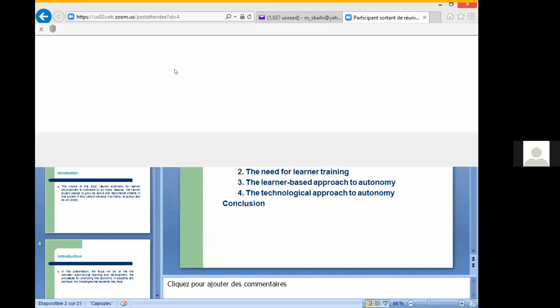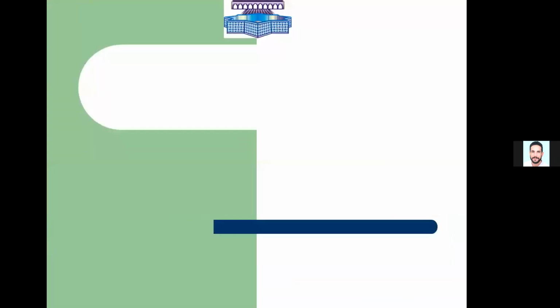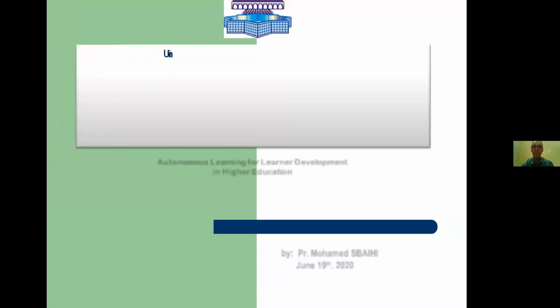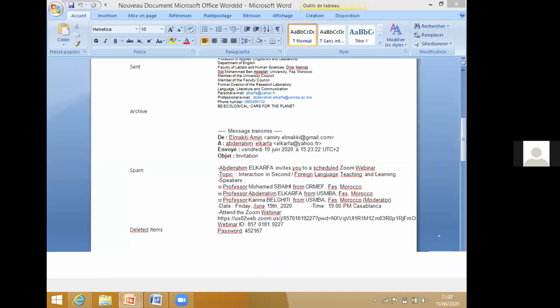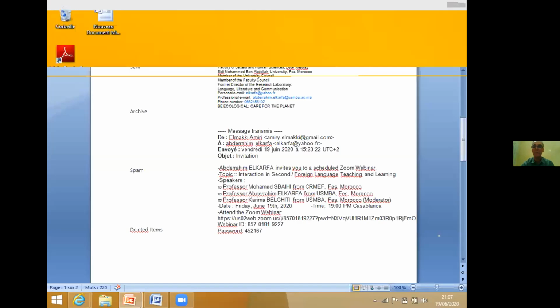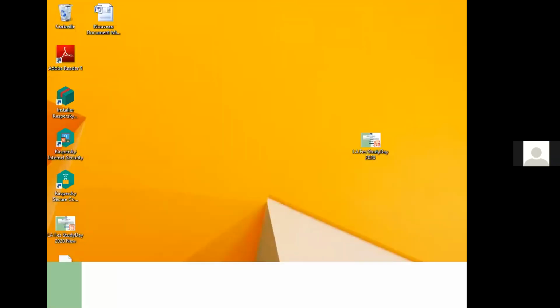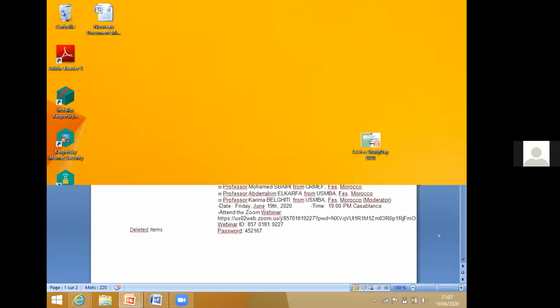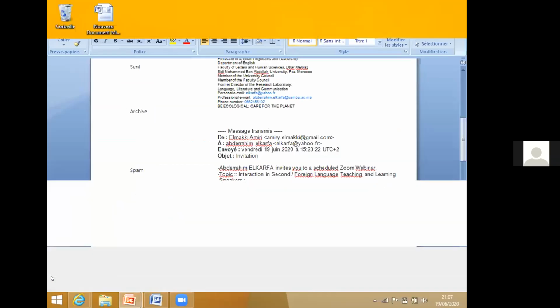Now, of course, to start with, I have to activate the program. The screen is shaky. I don't know why. Something wrong with the PowerPoint. Maybe with the mouse. Can you see it now? Yes, it's fine now. But it keeps switching. There's a problem with this screen. You have to close your inbox, your email.